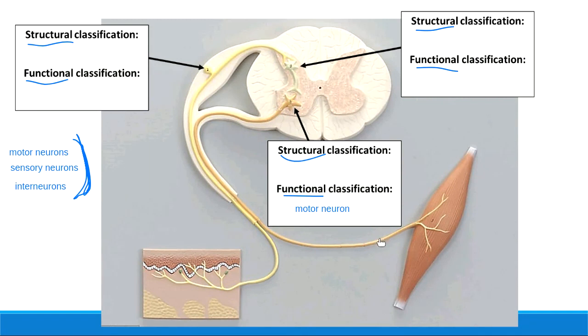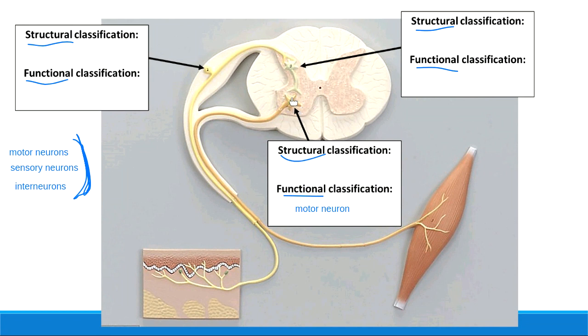But when I look at this neuron, I can also make a prediction about its structural classification. Remember, when we talked about structural classifications, that's always going to be a polar word. So it tells me how many things come off of it. Here's my cell body. I've got my axon that comes off, and then I've got these little branching dendrites that are off of it.